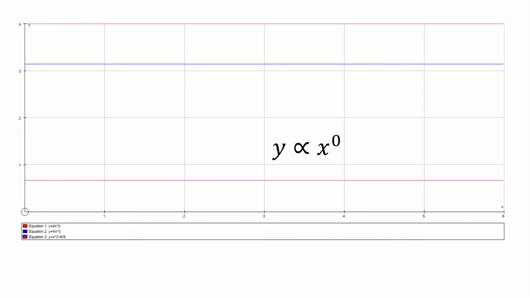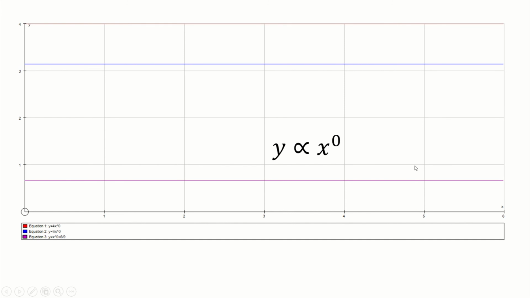Y is proportional to x to the power of 0. So what's going on here? Well, anything raised to the power of 0 is, of course, 1. So for the first one, y equals 4x to the power of 0 is basically saying y equals 4 times 1. Y equals 4. So it's a straight line across the graph.